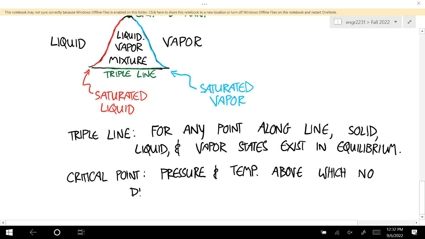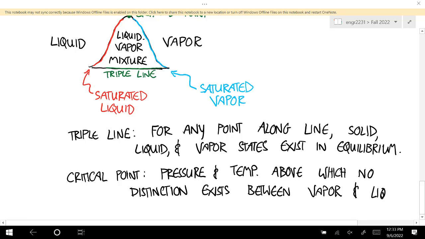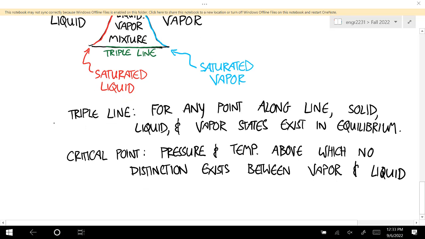So no distinction exists between a vapor and a liquid. Once you have a pressure and temperature higher than the critical point, this is called a supercritical fluid.